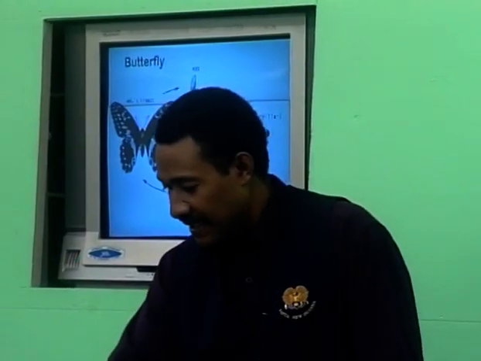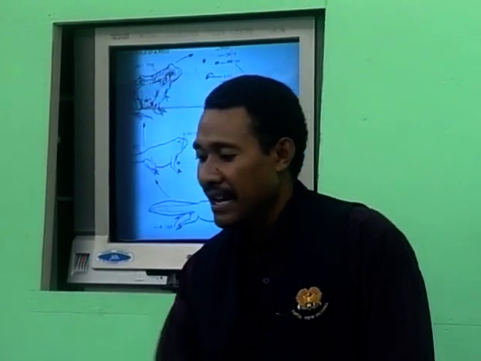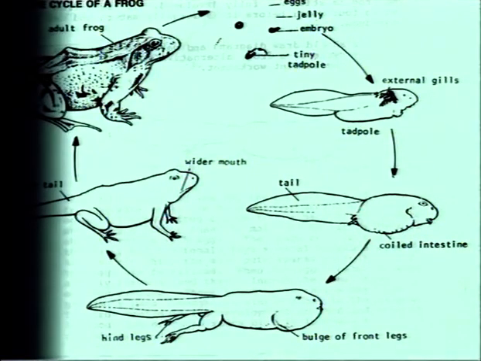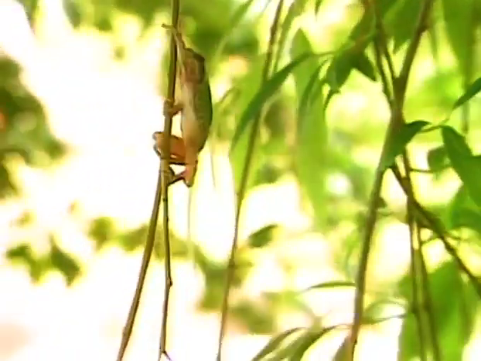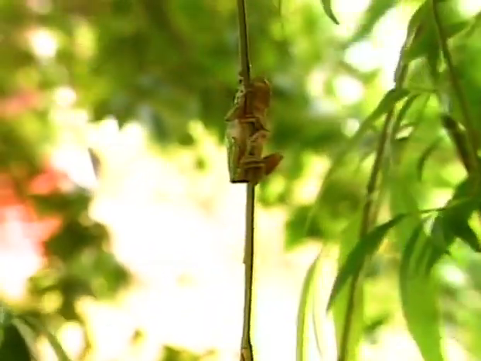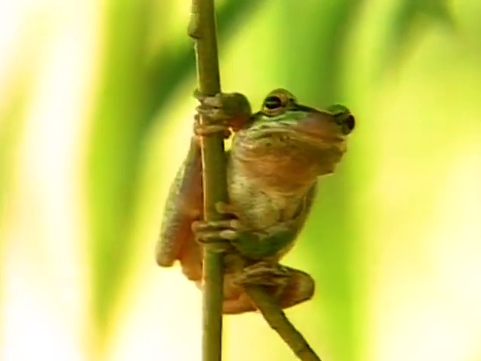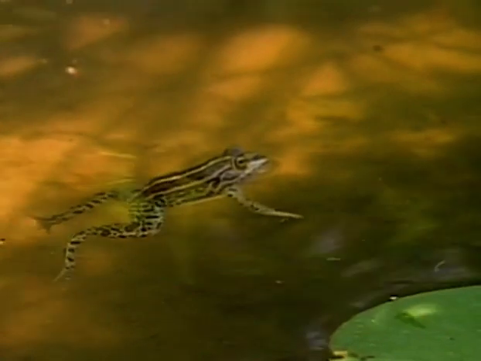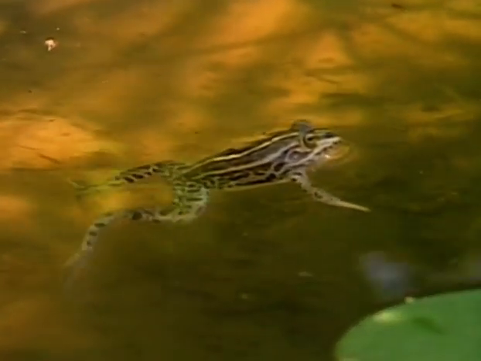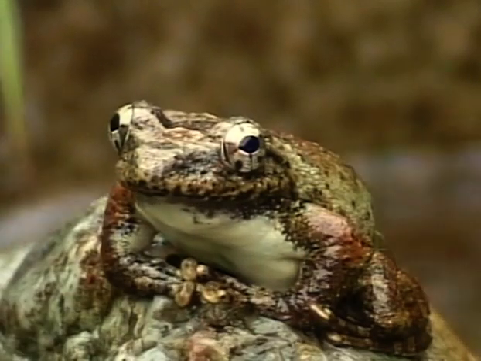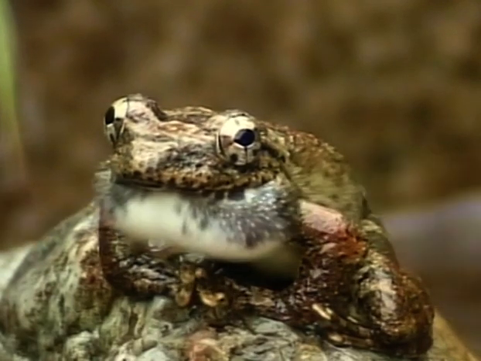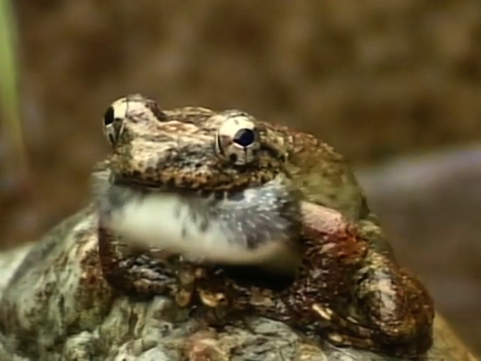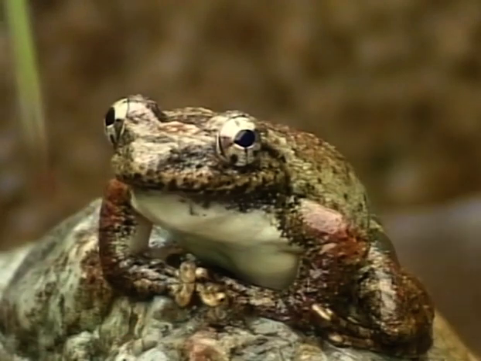Next one is amphibians. We are going to look at a frog. We have an adult frog there. You can see the adult frog. When it's breeding season, especially in the wet season, the male frog tries to attract the female frog by making sounds, a croaking sound.